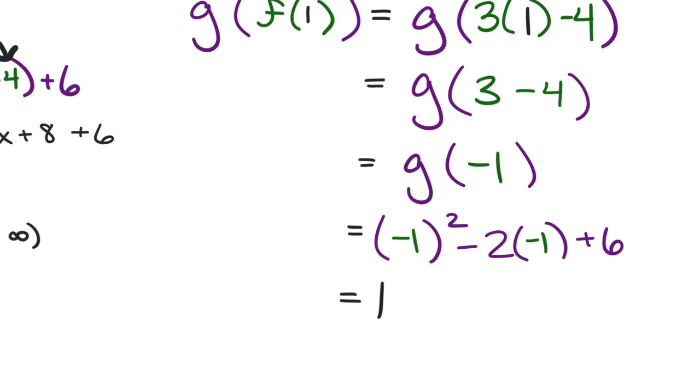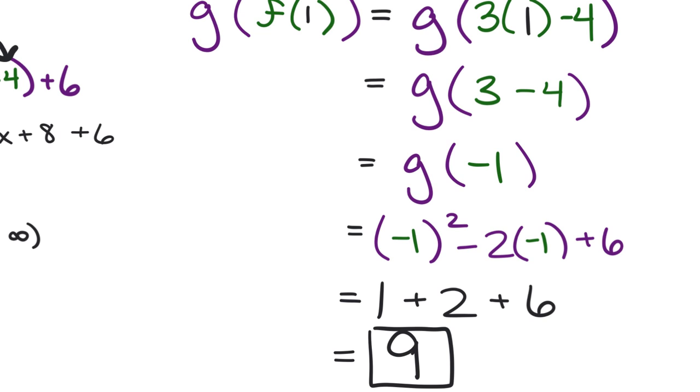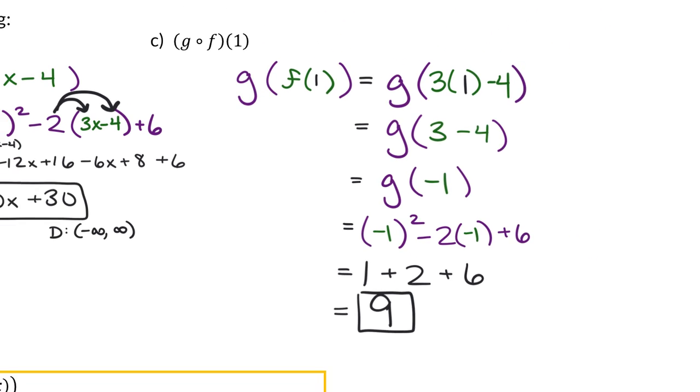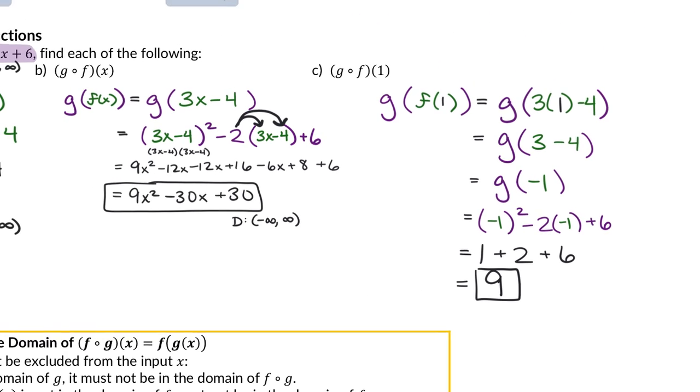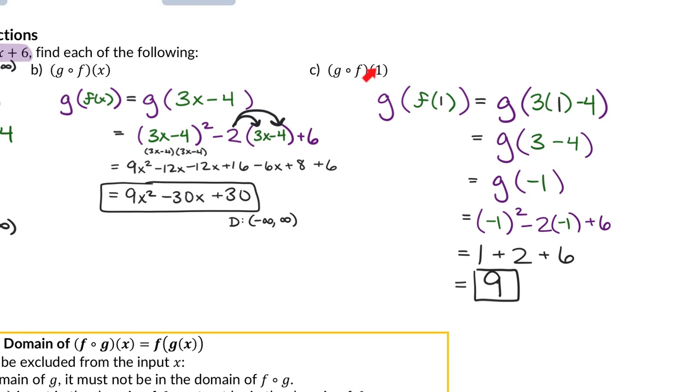Negative 1 squared is 1. Negative 2 times negative 1 is plus 2. And then I have plus 6. And voila. That's 9. So the difference here: if you're plugging in a number, you get a number. If it's an equation you're plugging in, you should have an equation answer.